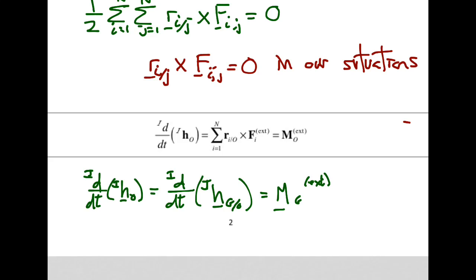This type of analogy was true, or we proved that it was true, in linear momentum, but this is not true in angular momentum. Now we're going to use the center of gravity or the center of mass to get some really interesting results, but right now don't be tempted to just say total angular momentum is equal to angular momentum about the center of mass.